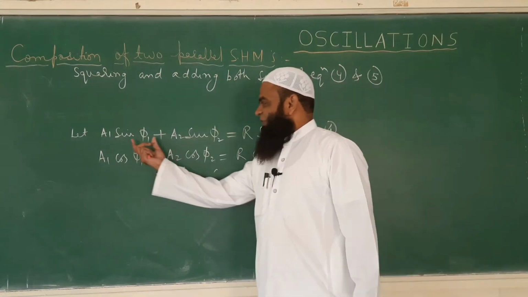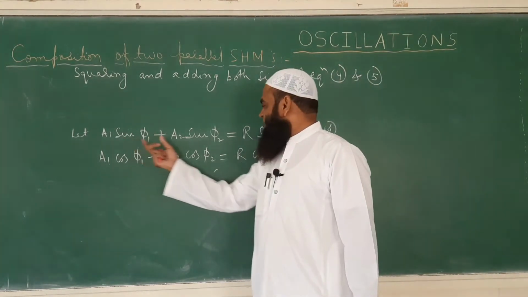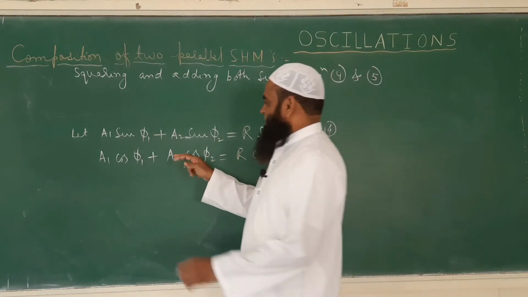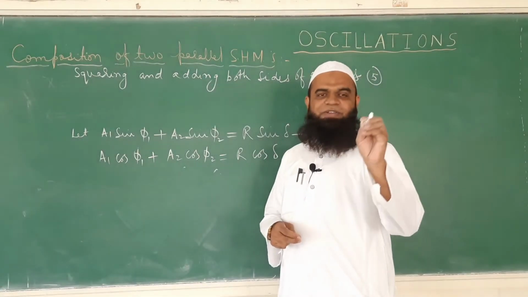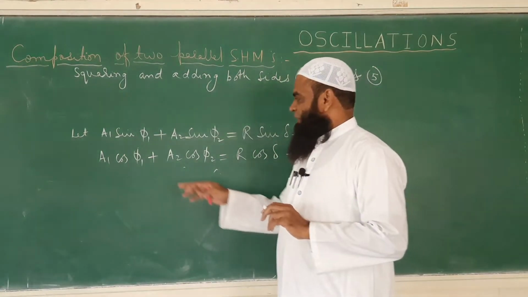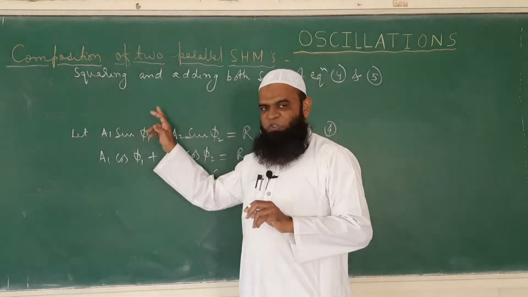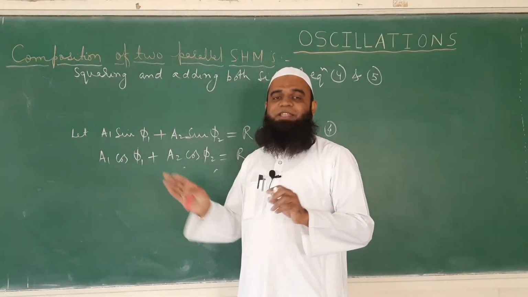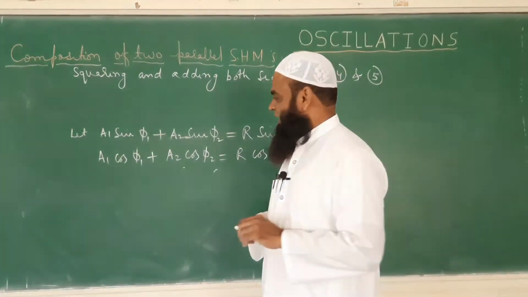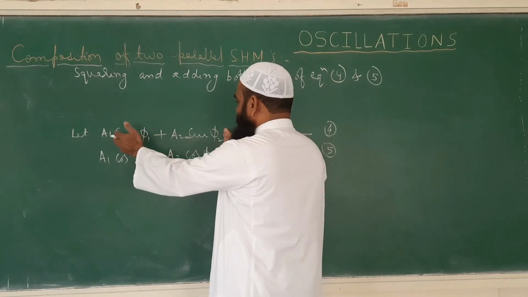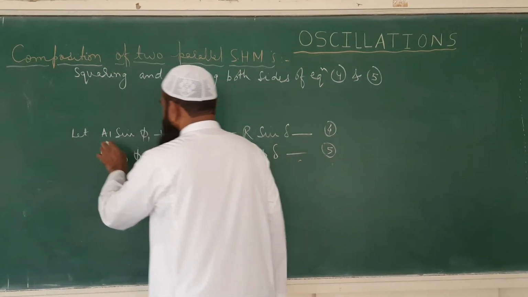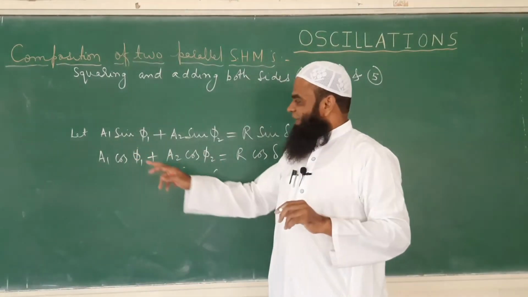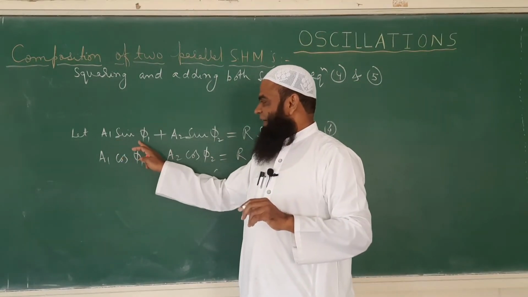So first of all, squaring the left hand side of equation 4. For squaring this, we can use the formula of (a plus b) whole square. So a square plus 2ab plus b square, this is the expansion of (a plus b) whole square. Similarly we can use that formula for expansion of the left hand side. In place of a, we have a1 sin phi 1.